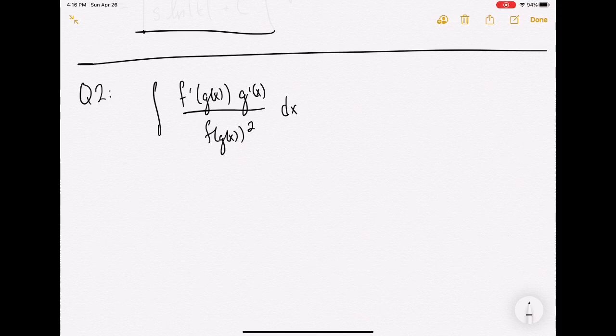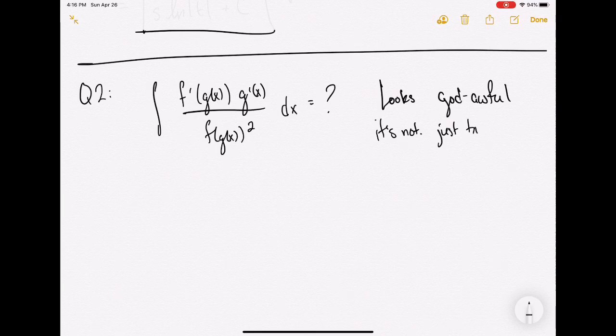And this just looks awful, doesn't it? It looks so bad right now. It's not. Just trust me.